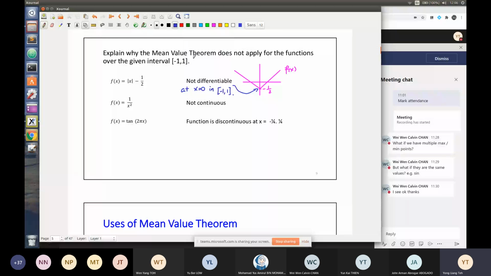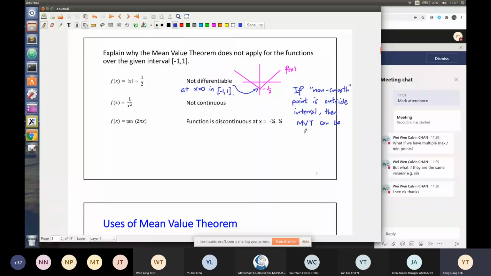Let me put a note here: if the non-smooth point is outside the interval, then MVT can be applied.